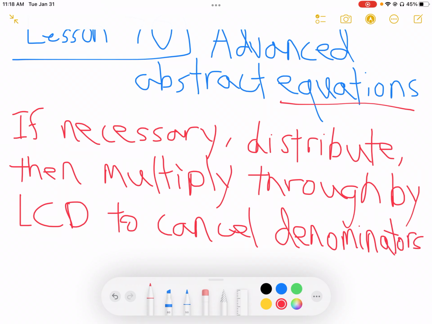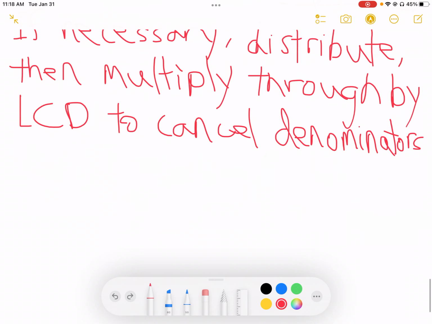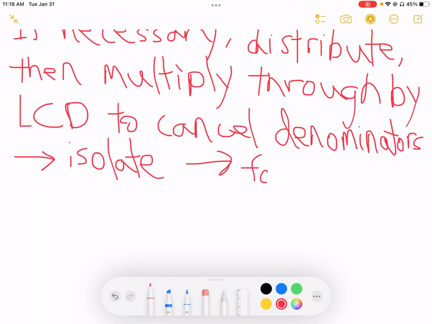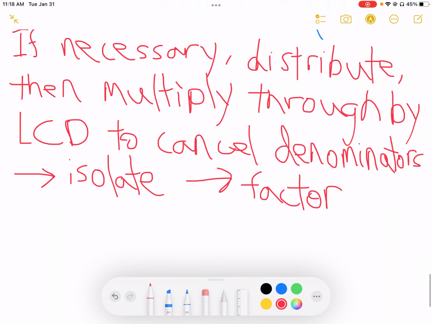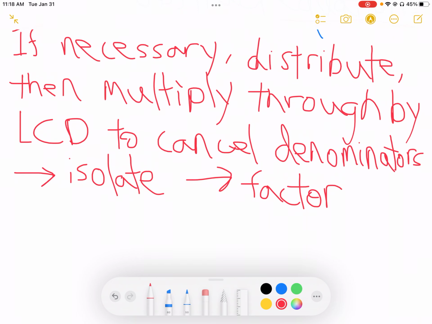The other things are not going to be too crazy, because then we're just going to go to the next step and isolate what we want to find. So we'll isolate our variable, and then we'll go to what we're going to call factoring. So, if necessary, distribute, multiply through by the LCD to cancel the denominators, isolate, factor.